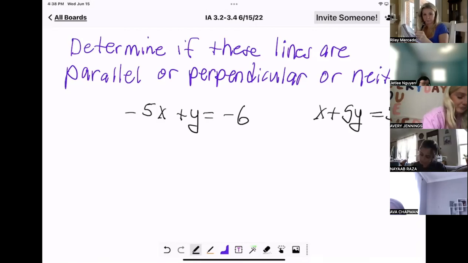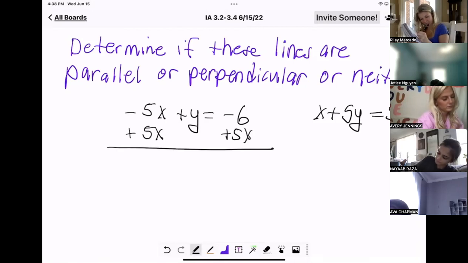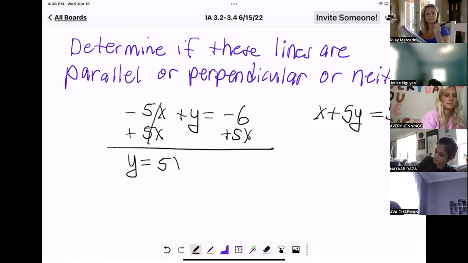Just like before, we have to find a slope. I can't find a slope unless it's in y equals mx plus b form, so I have to solve both of them for y. This one's not too bad because all I have to do is move the 5x, and I get y is equal to 5x minus 6.